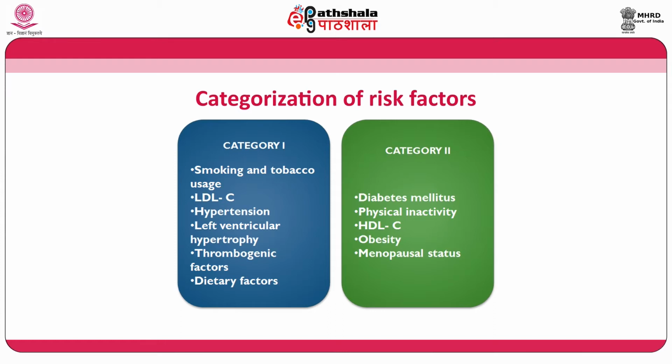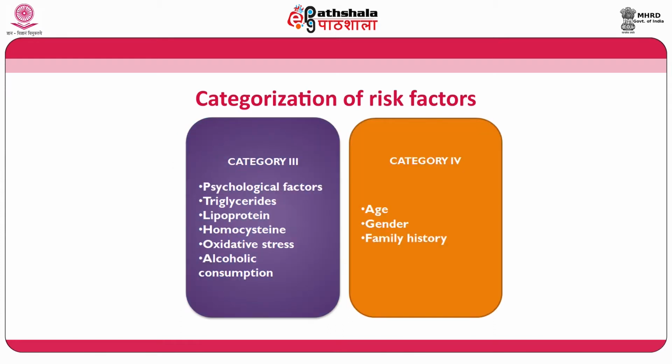The third category involves psychological factors, triglycerides, lipoproteins, homocysteine, oxidative stress and alcoholic consumption. Whereas the fourth category includes age, gender and family history.